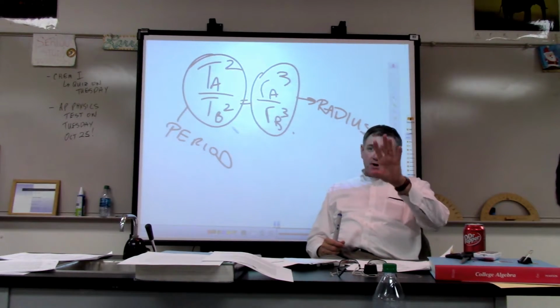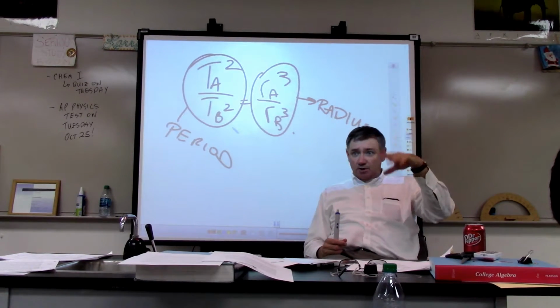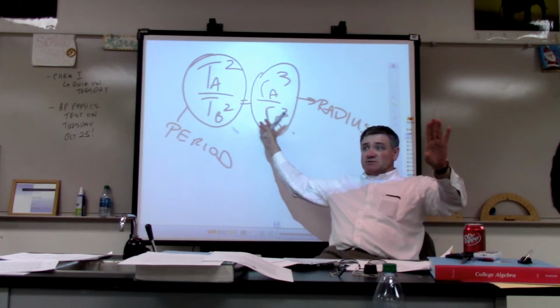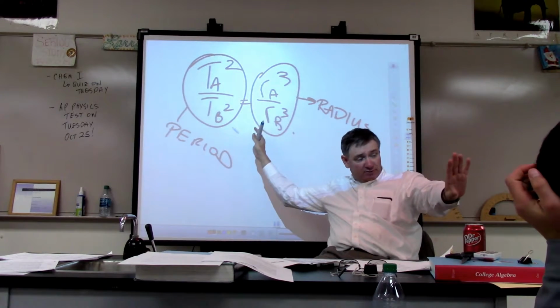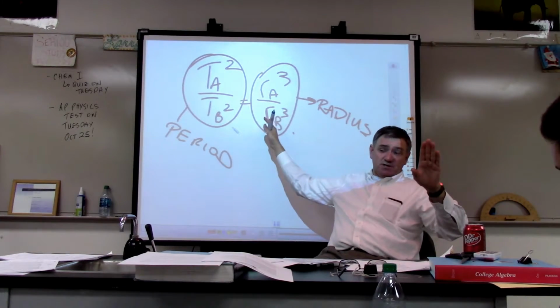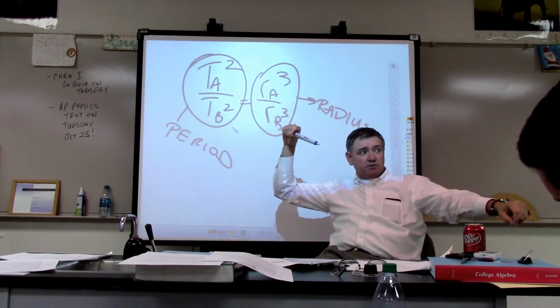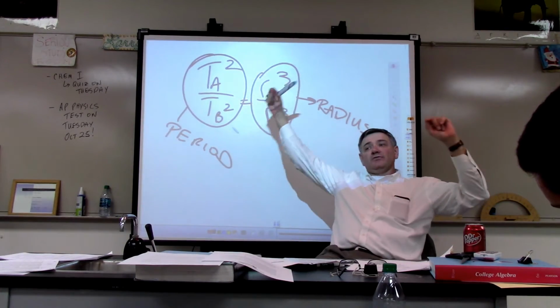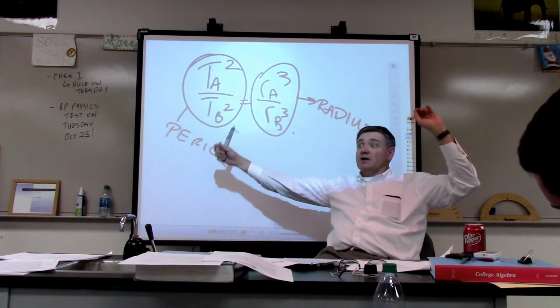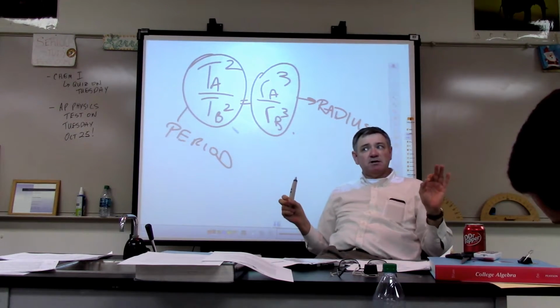Like, you could compare the 4 Galilean moons of Jupiter, Ganymede, Callisto, Europa, Io. So you could use this with the 4 moons of Jupiter, because they all orbit Jupiter. But you can't use this to compare a moon of Jupiter with our moon, because our moon orbits us, those moons orbit Jupiter. So you can only use them if they orbit the same center.